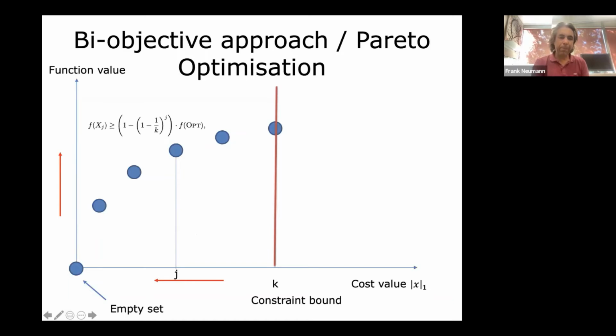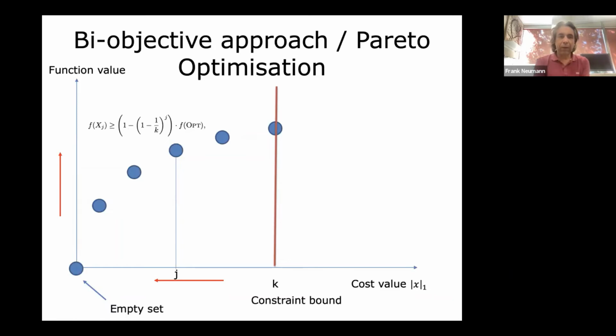So what is happening here is you're getting the empty set in, and then if you would add an element that gives you the largest marginal gain, then it would construct these solutions. The key thing is, if you have j elements, you are getting an approximation of the optimum. So x_j is a solution with j elements that gives you something like 1 - (1 - 1/k) to the power of j.